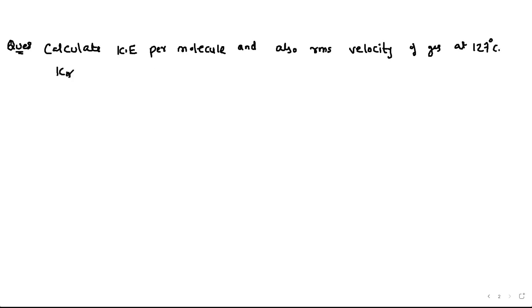It's given that kB, the Boltzmann constant, is 1.38 into 10 raised to the power minus 23 joule per molecule per Kelvin.